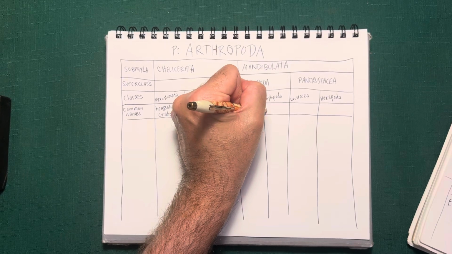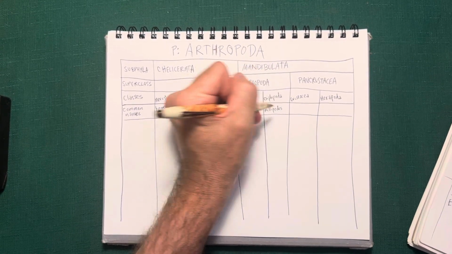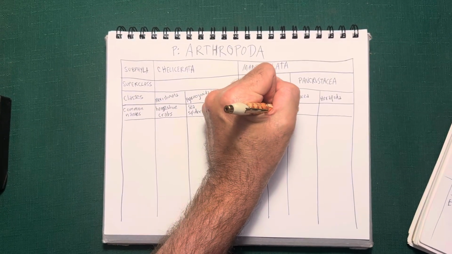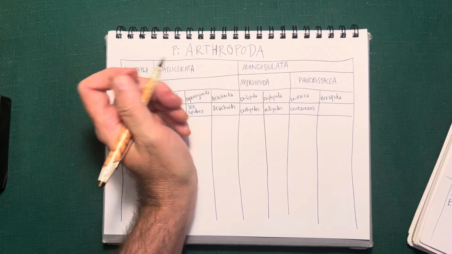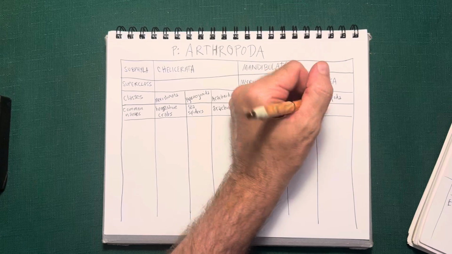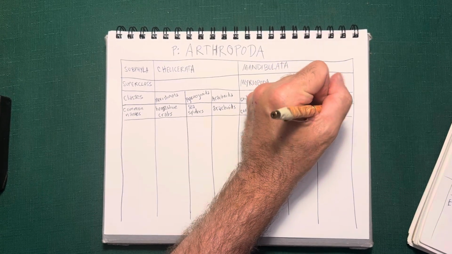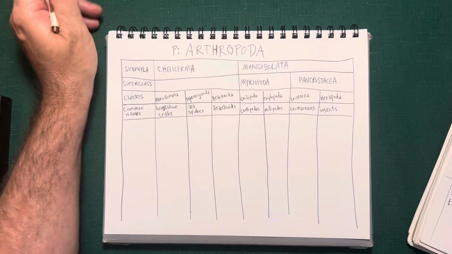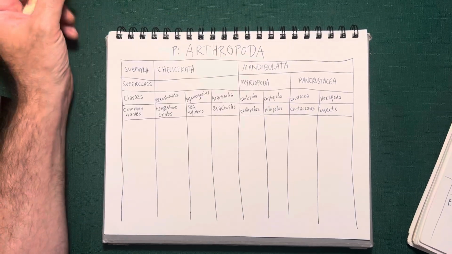Diplopoda are millipedes. Crustacea are our crustaceans. And hexapoda, for the most part, almost all hexapods, minus a handful of oddballs, are insects.